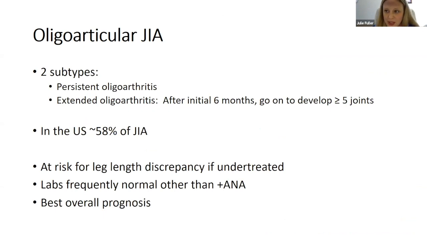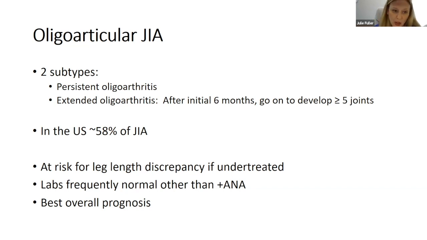You may see sometimes on our notes or charts that we have put some additional subtypes down to better clarify their actual disease course. And so there are 2 further subtypes where we may note their persistent oligoarthritis, and that means that they continue to have between 1 and 4 joints.